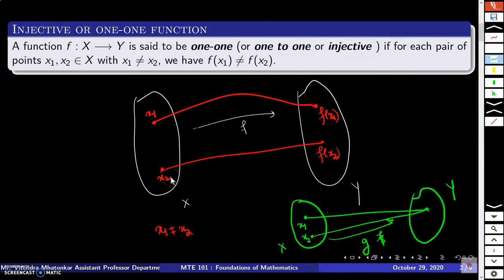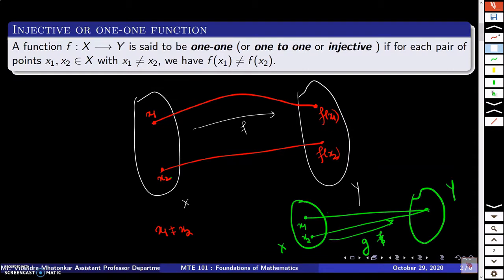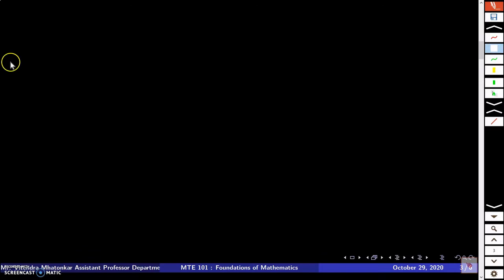Now let me put down the definition of a 1-1 function using quantifiers. What it says is, for every pair of points in the domain which are different, their corresponding images are also different.